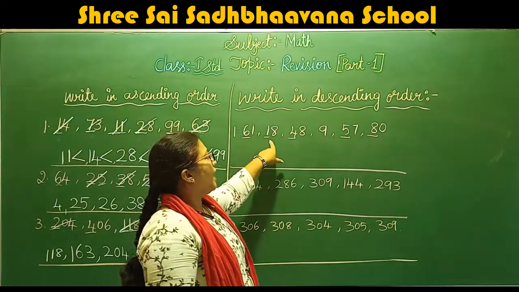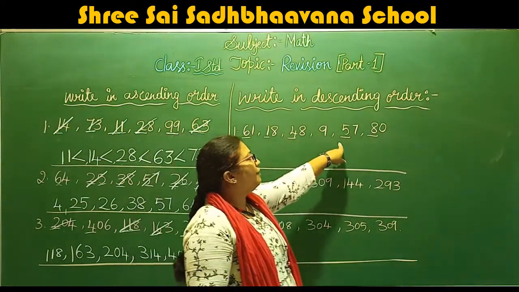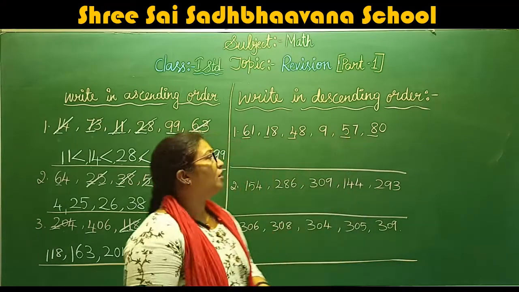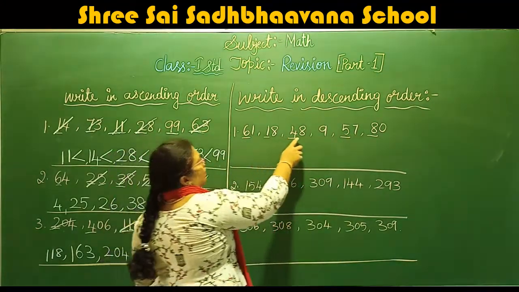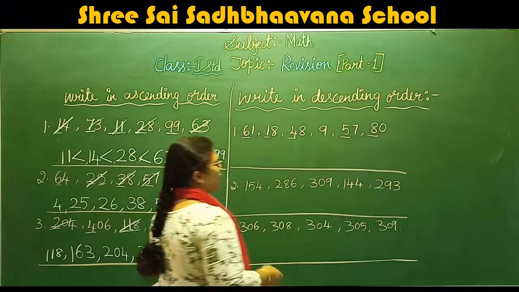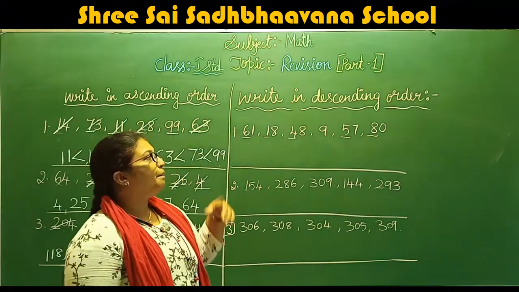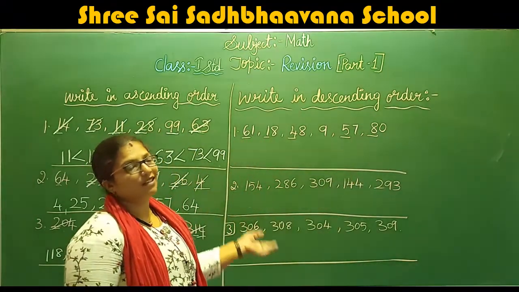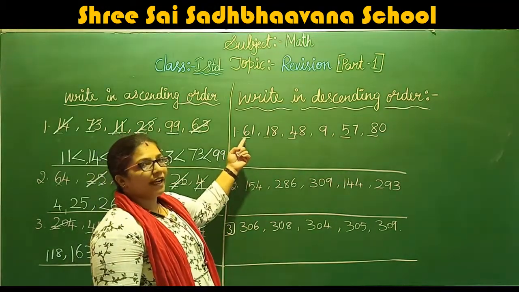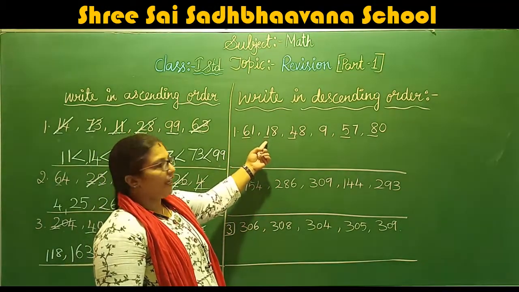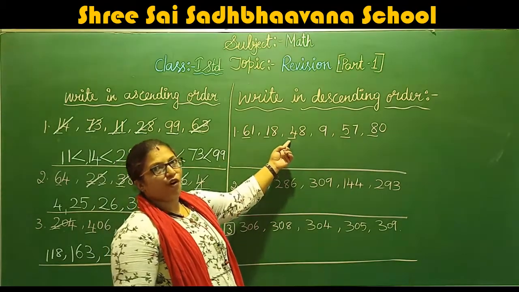So 61, 18, 48, 57, 80. Tens digits 6, 1, 4, 5, 8. So which will be the greatest number in this? 6 is greater than 1? Yes. 1 is greater than 4?